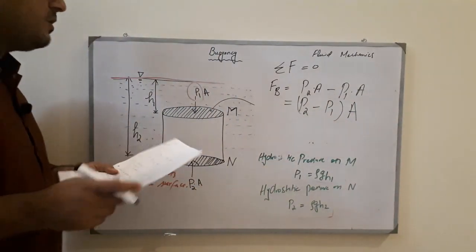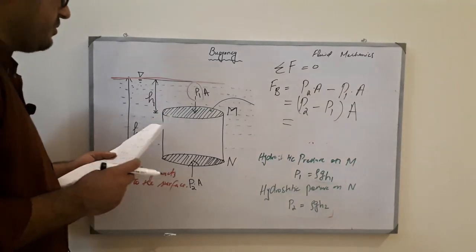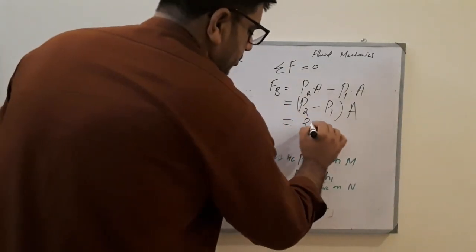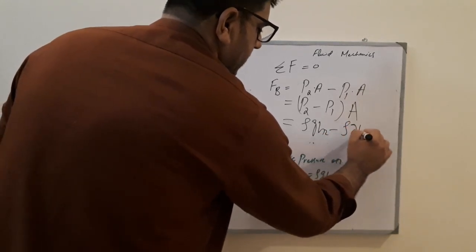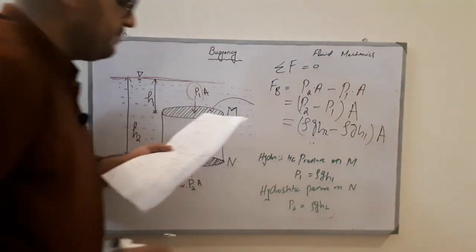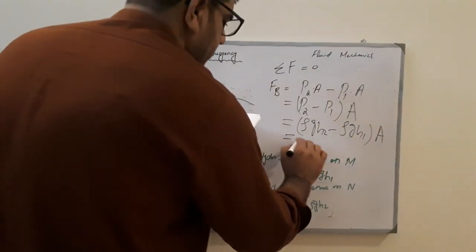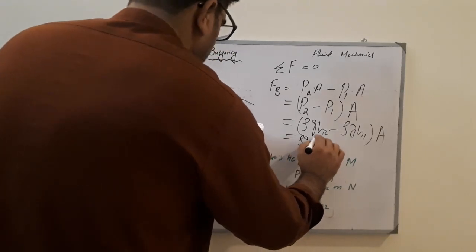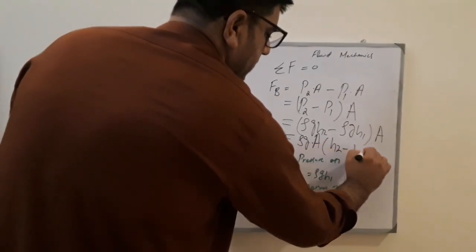Now you can insert the values of pressure: rho g h2 minus rho g h1, into A, or you can simply write rho g A into h2 minus h1.